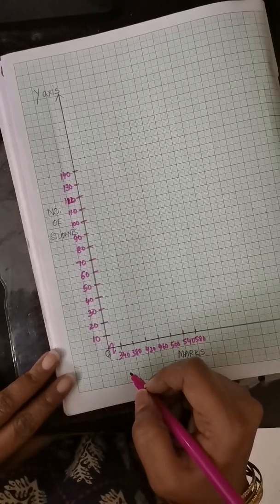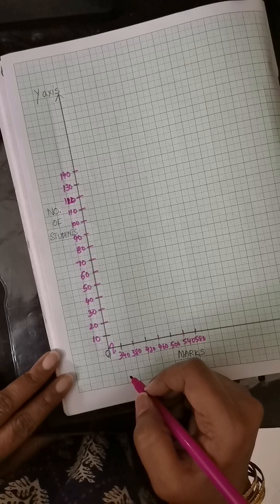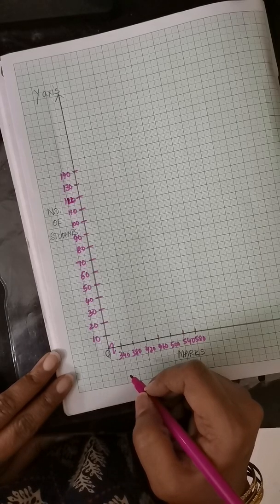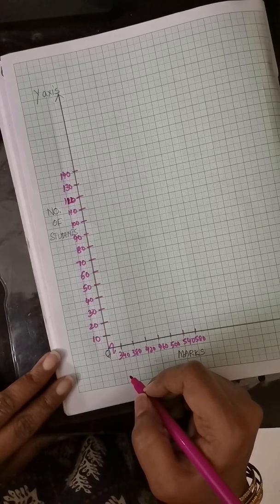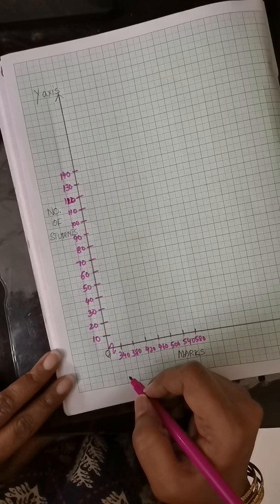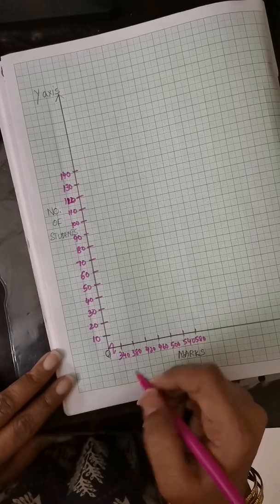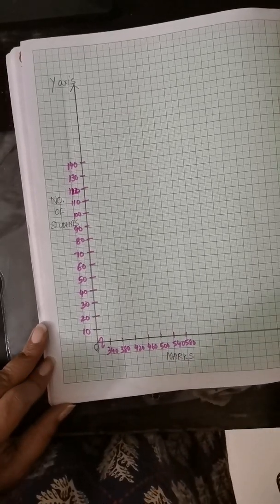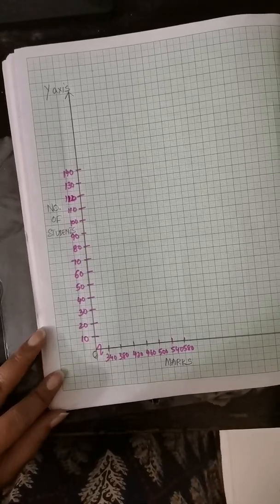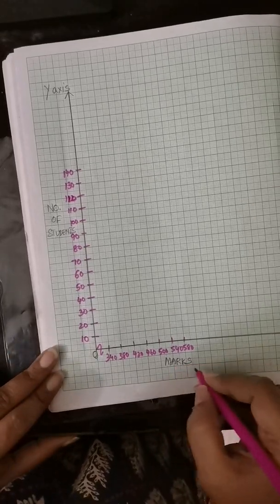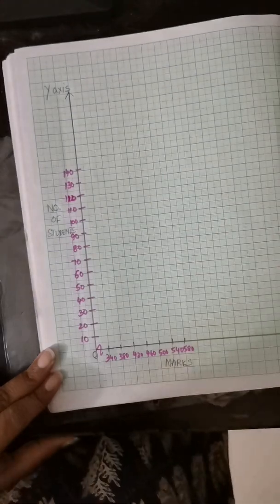Okay, now our first frequency is 100. So we have to draw the bar. We'll write the scale, children. Now this is marks, this is number of students.